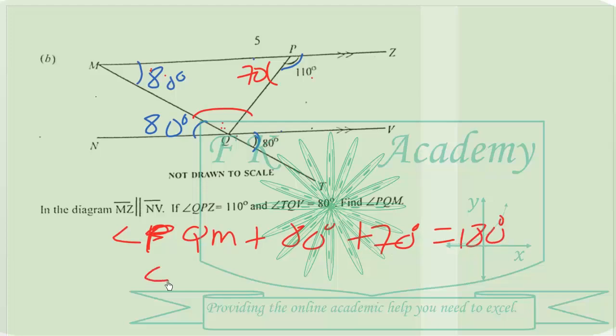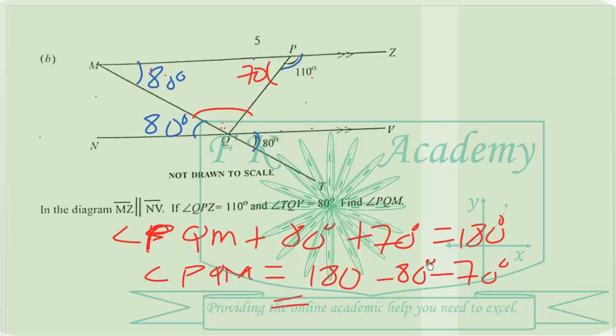So angle PQM will be equal to 180 minus 80 minus 70 degrees. 180 minus 80 is 100. 100 minus 70 is 30 degrees. Therefore, angle PQM is 30 degrees.